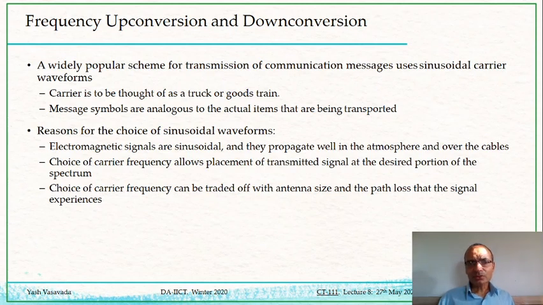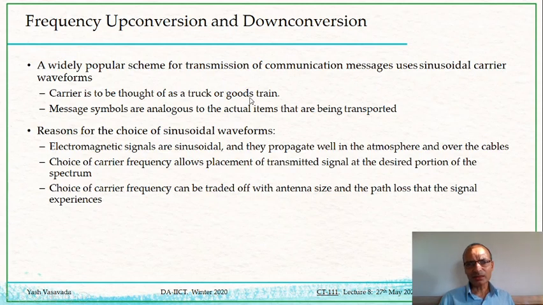And so that is why the frequency upconversion is needed, where we take those symbols and we use those symbols to modulate either the amplitude or the phase or both, amplitude as well as phase, of a sinusoidal carrier. And the reason why this sinusoidal signal is called a carrier is because it has to be thought of as a truck or a goods train.